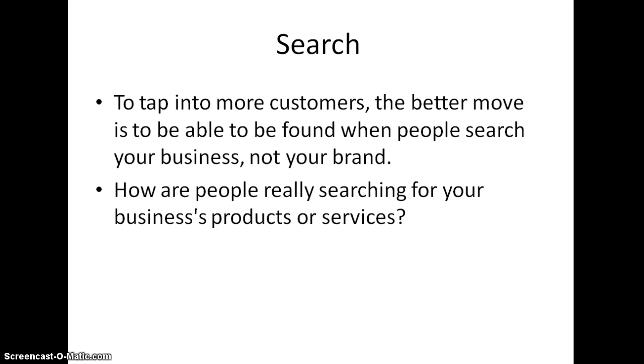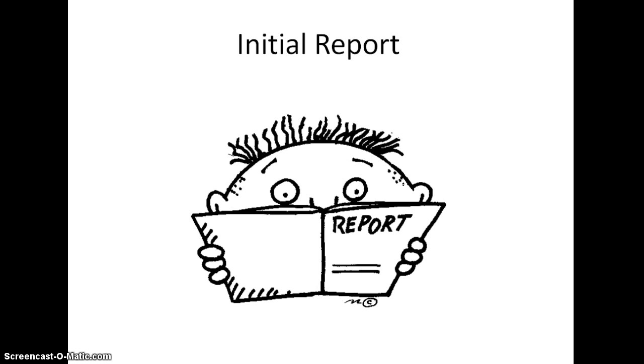So this is where we talk about the first product that we have. It's called the initial report. The initial report costs $1,000 and it represents 10 to 14 hours worth of work. What we do is we research through special software that we use: what are people searching for to look for your business?